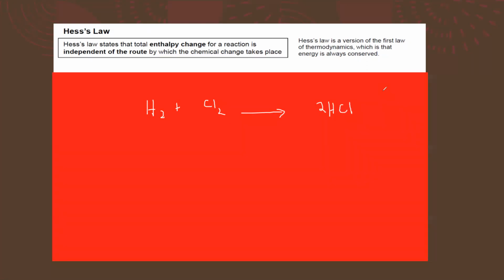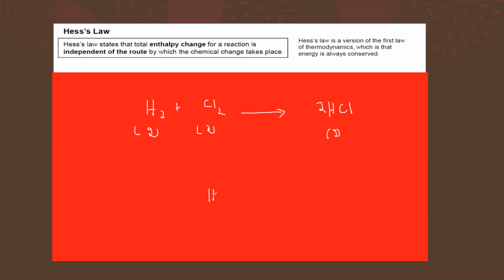So how can you make a route here, how can you work out the route? If hydrogen gas reacts with chlorine gas, it is forming hydrogen chloride gas. That is one possibility. What is the other possibility?